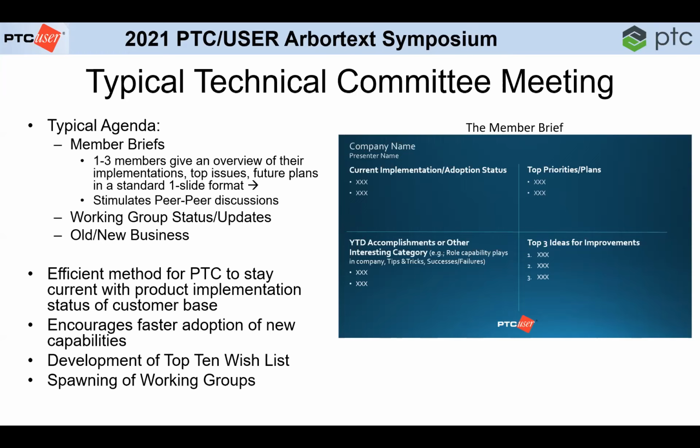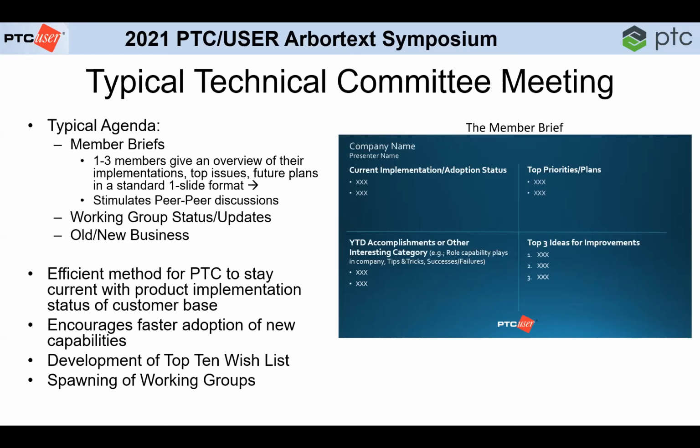We also will talk about any working groups and status updates. We'll give that back to the technical committee, and then we'll talk about old and new business. Within that, we've been talking about developing what I'm calling a top 10 wish list, but it's really a wish list of things that we'd like to see the product do, or the direction the product would go.